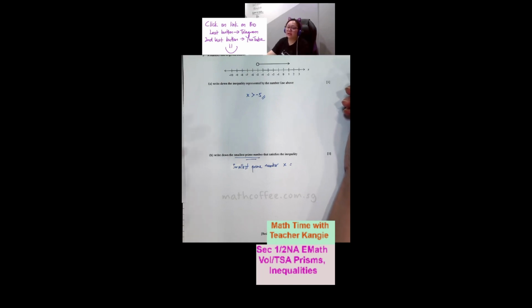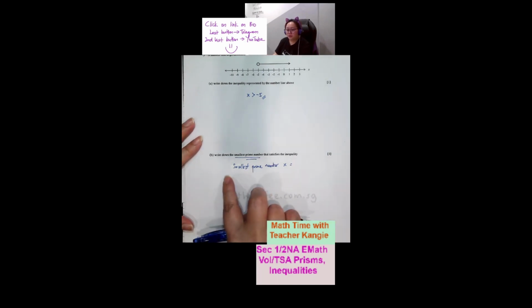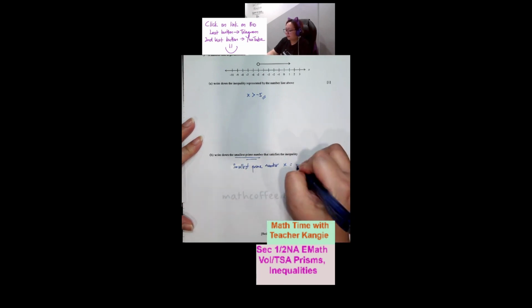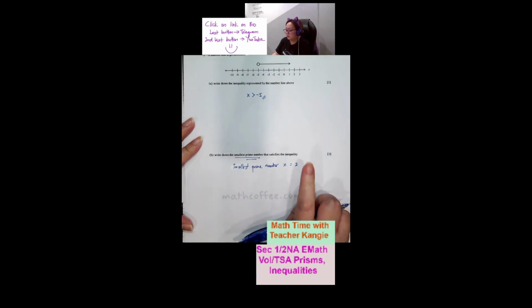So 1 is not a prime number. Please remember that the smallest prime number is 2. 1 is never a prime number. Common mistake is students always put 1 as the prime number, but no, it's supposed to be 2.